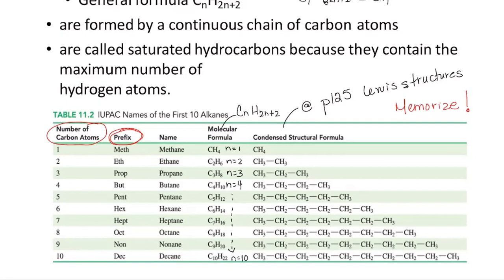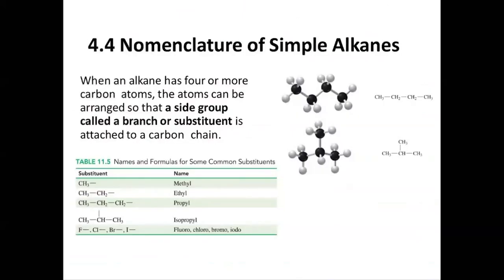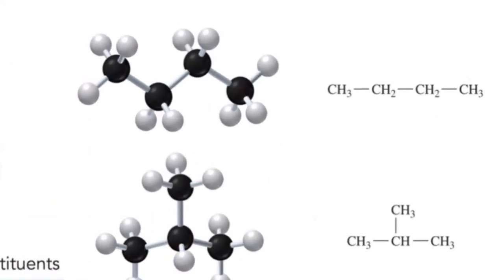So why does that come in handy? Well, because we are going to see alkanes, and alkanes can be in a straight chain, okay? So as you can see here, we have a straight chain of alkanes. We have 4 carbon atoms. What is the prefix for 4 carbons in a row?